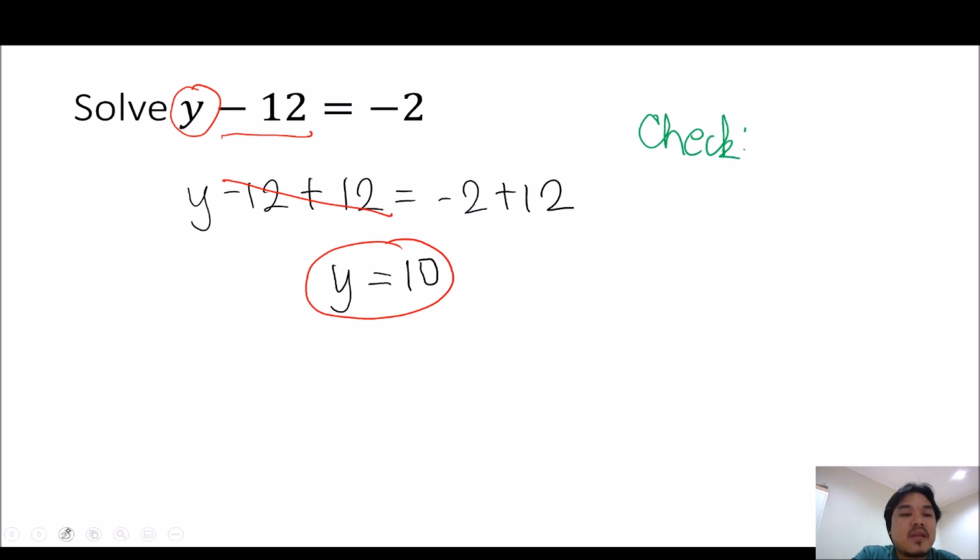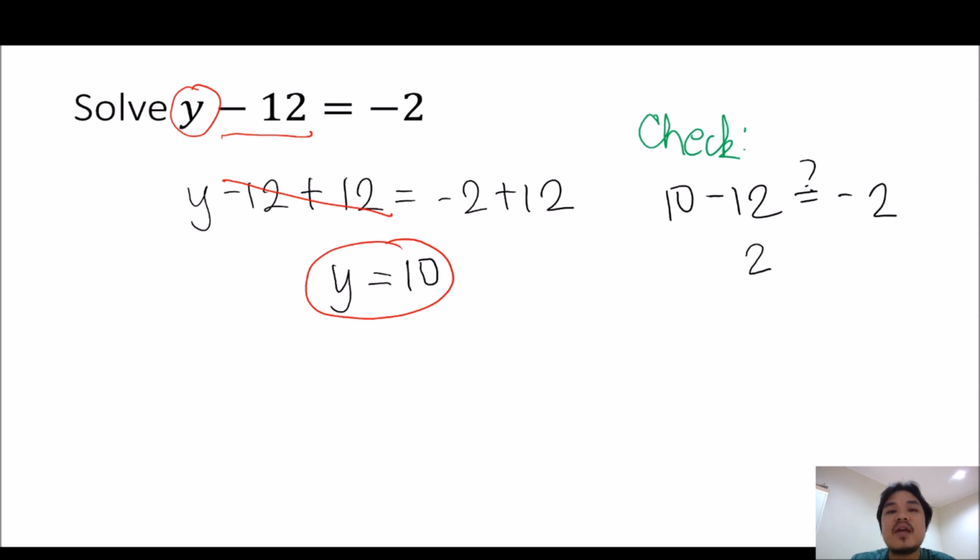So 10 minus 12, does it equal negative 2? We have positive 10 and negative 12, so they have different signs, so we need to subtract them. 12 minus 10 is 2. And then we will take the sign of the greater number.